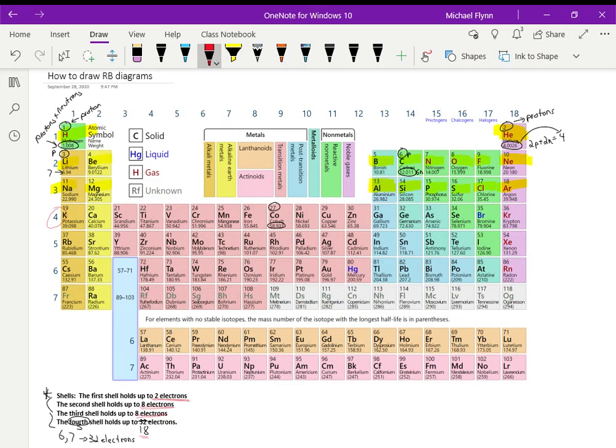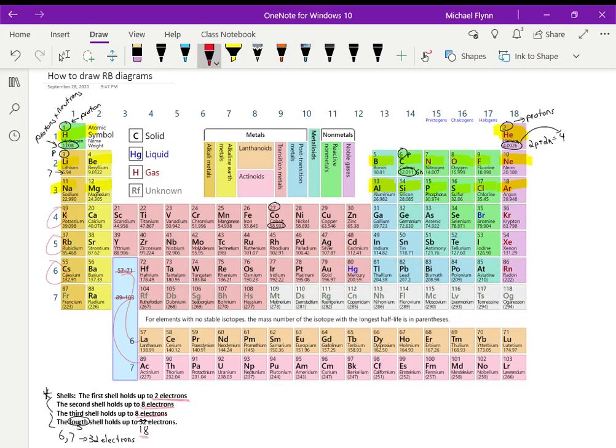The fourth shell can hold up to 18. The fifth shell can hold up to 18 also. The sixth shell can hold up to 32. Now, if you look down here, these elements down here actually go in here. So if you count the entire row, there's actually 32 elements there. So you see how it works?